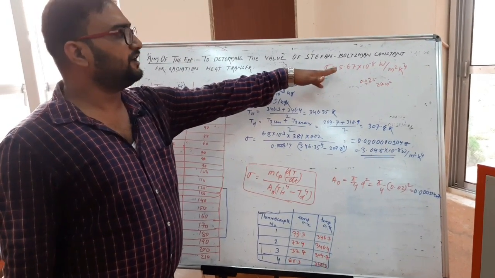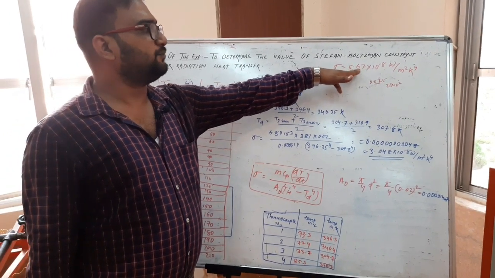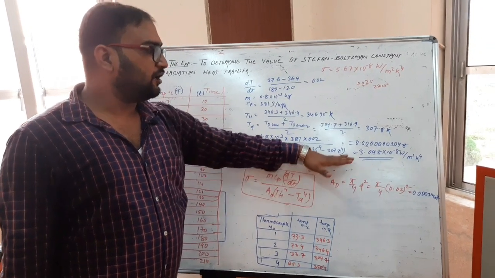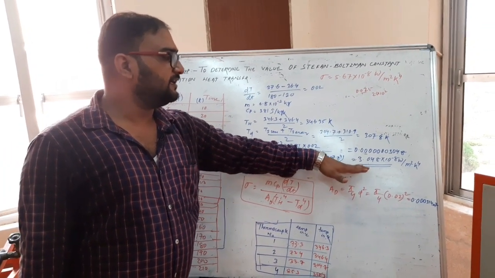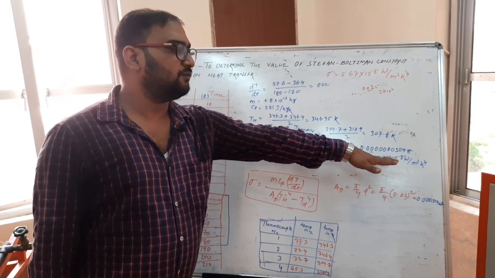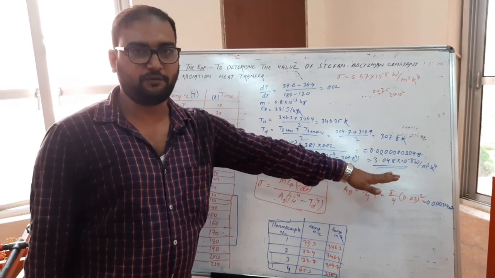Originally the theoretical value of sigma was 5.67 into 10 to the power minus 8. Practically, from the observation, we got 3.048 into 10 to the power minus 8 watt per meter square Kelvin to the power 4.